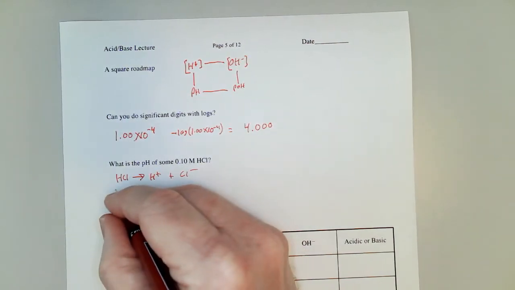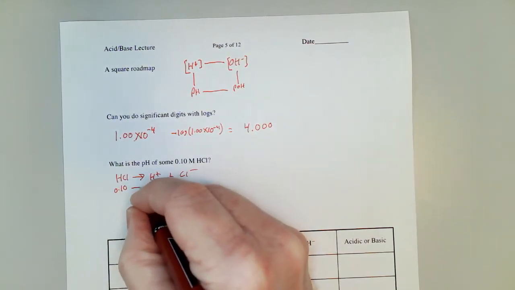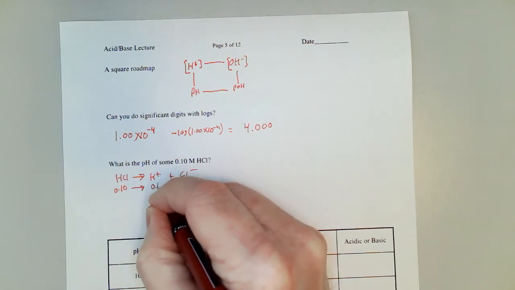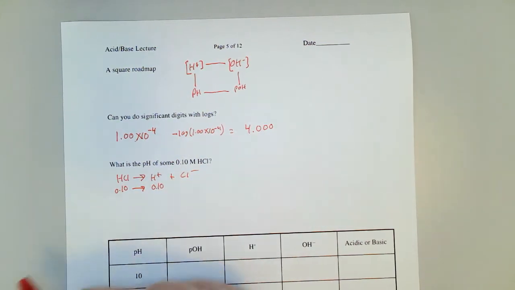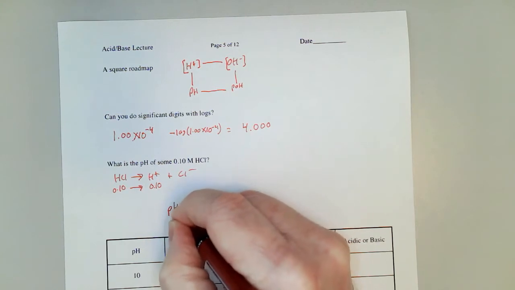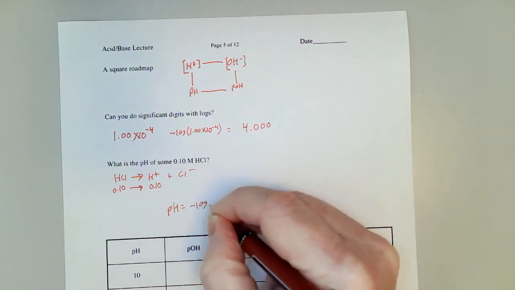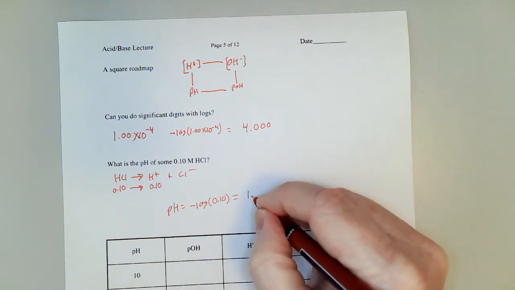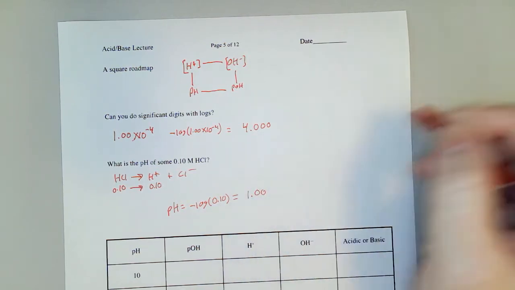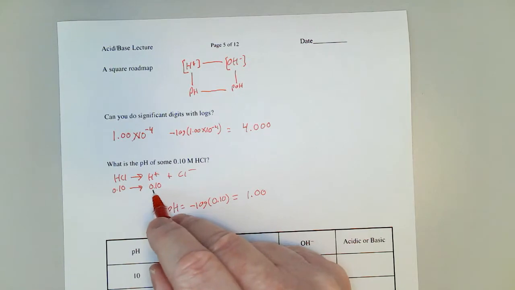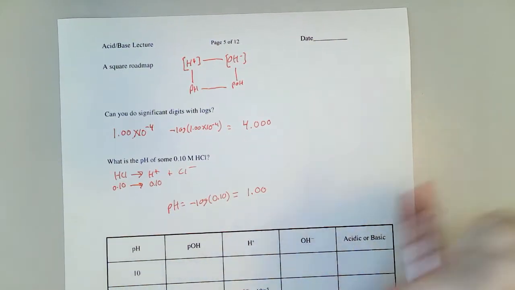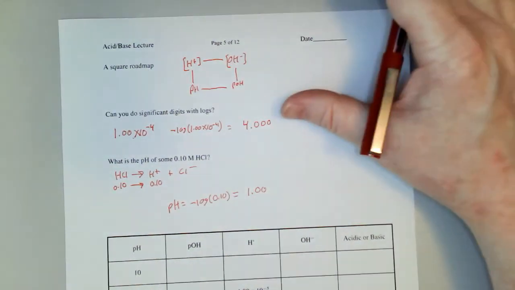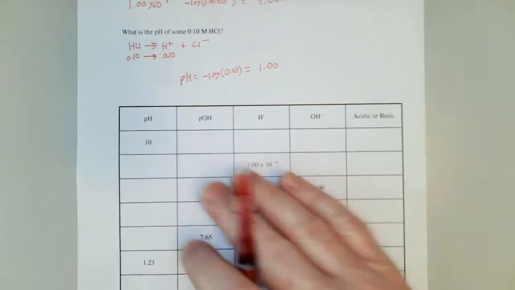So if we have 0.10 molar HCl, it becomes 0.10 molar H plus. And the pH is simply the negative log of 0.10, which equals 1.00, because this has 2 sig figs. So we need to learn how to do that on our calculator, and that's the point of this table.